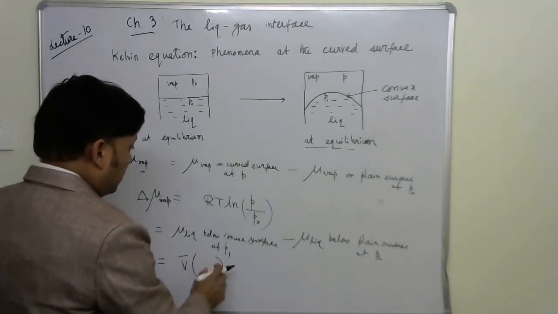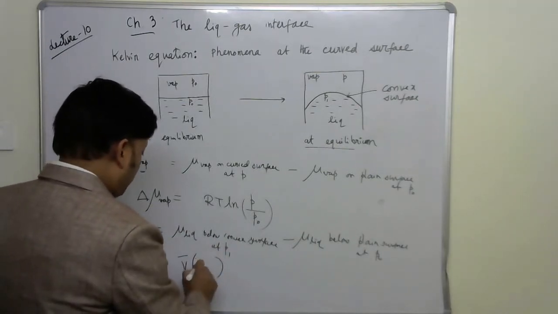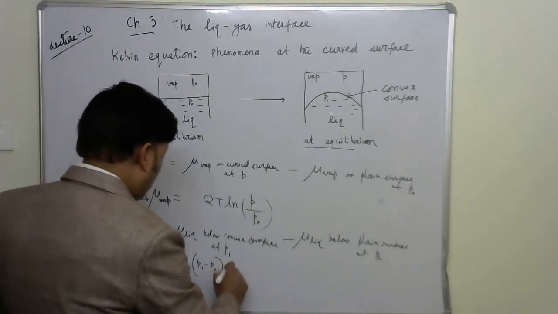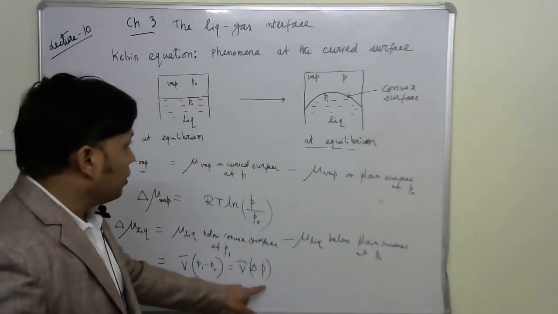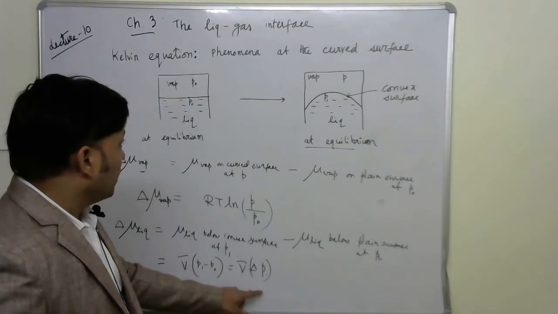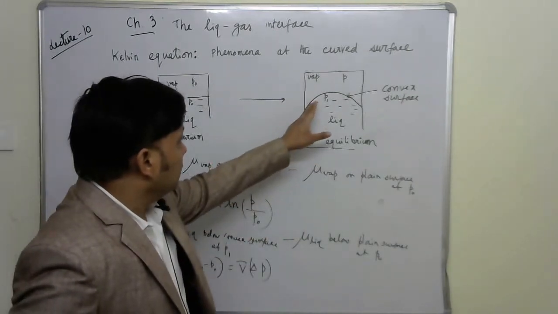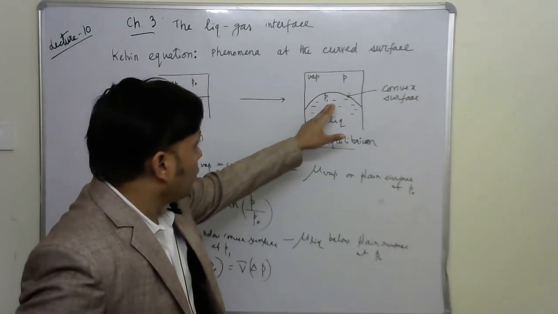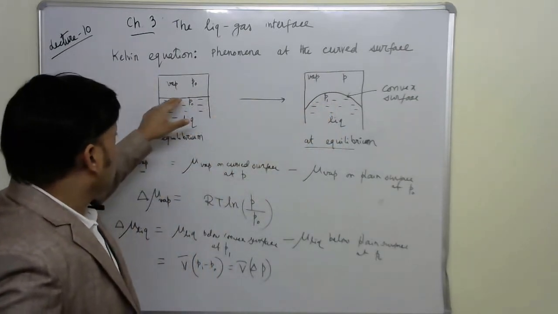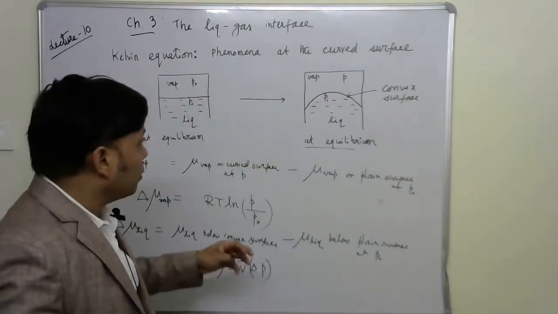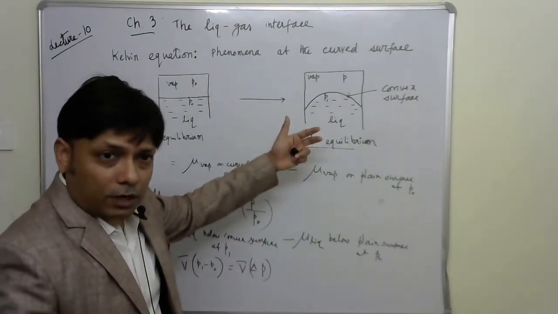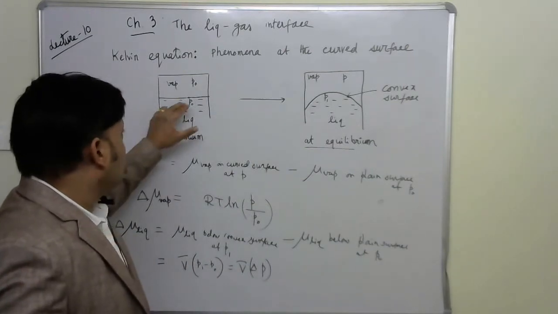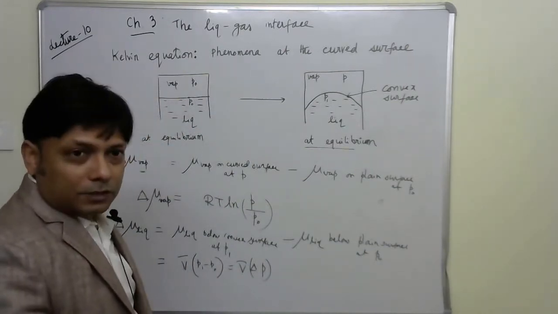That means final minus initial, P1 minus P0, or in other words, this is equal to V bar delta P. So delta P is the pressure below the convex surface minus the pressure below the plane surface, or in other words, the pressure difference between the curved convex surface and the plane surface.